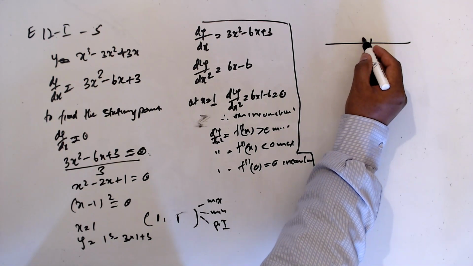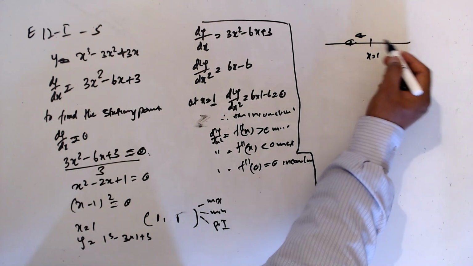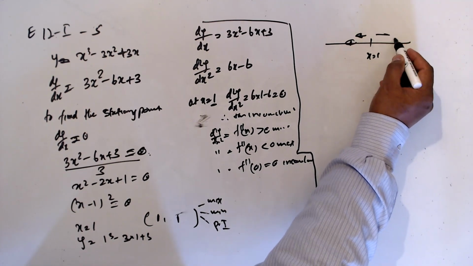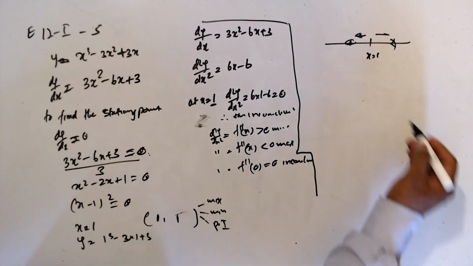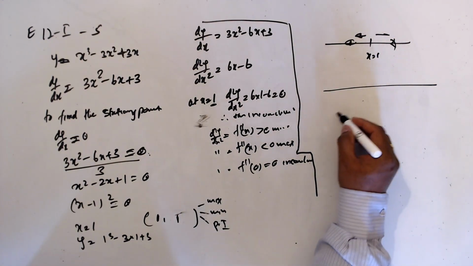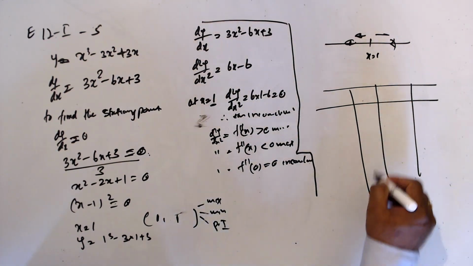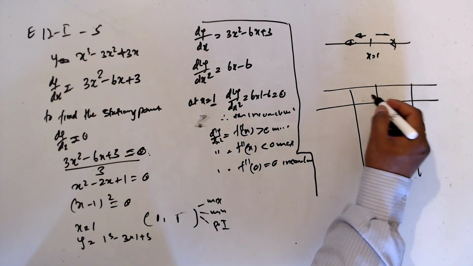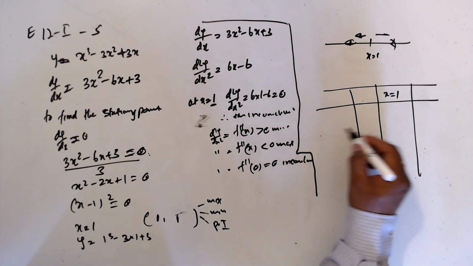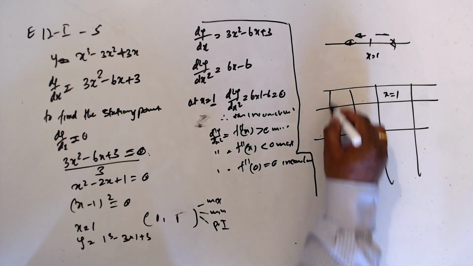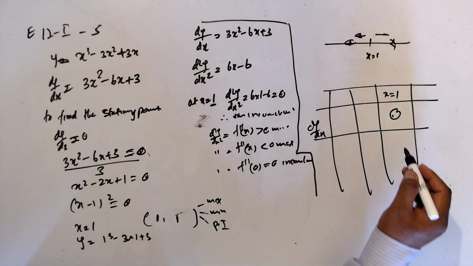If you come a bit in this direction and see somewhere, and you come in the other direction and see somewhere. Now at x equals 1, dy by dx, the gradient, is 0.